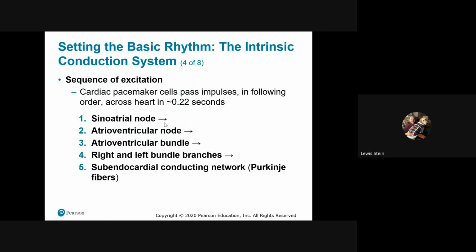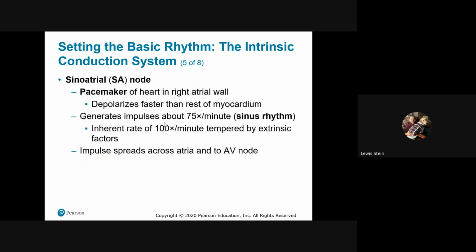Those Purkinje fibers really are at the apex, almost at the tip of the left ventricle, and they go up in that unique way of squeezing it out from the bottom up, if you want to think of it that way, as an analogy.